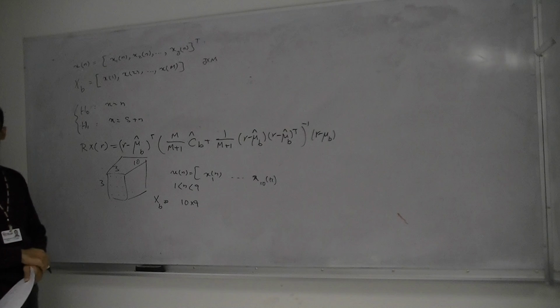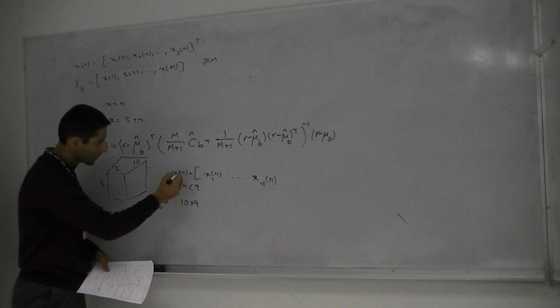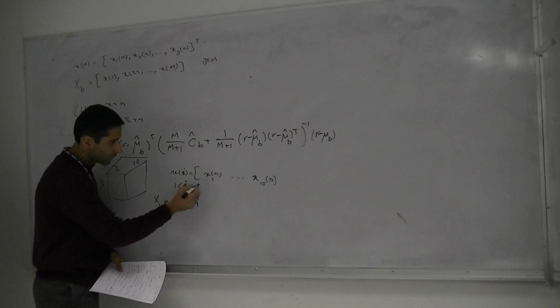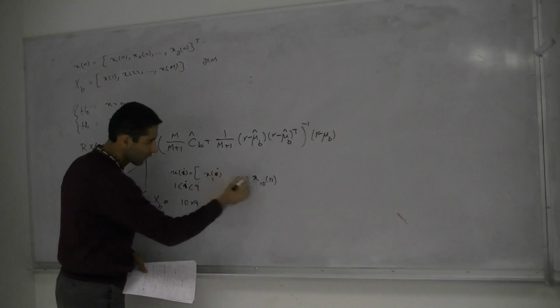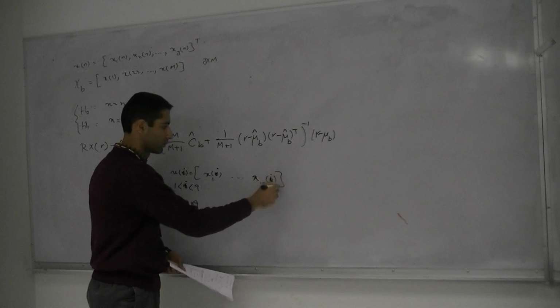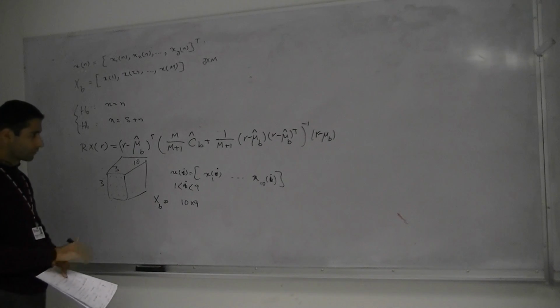So n is not equal to 9, it's between 1 and 9. Yeah, this one is i. It's 1 point in the image.